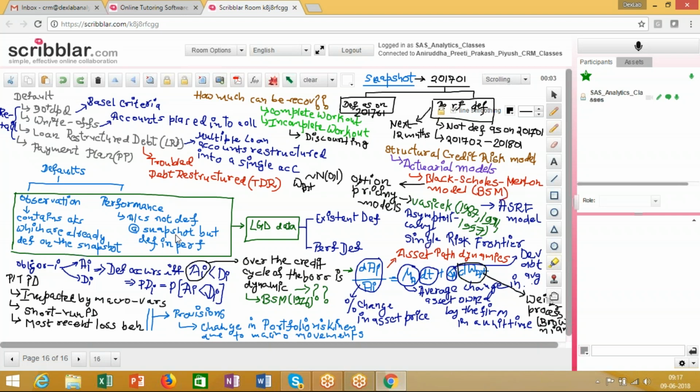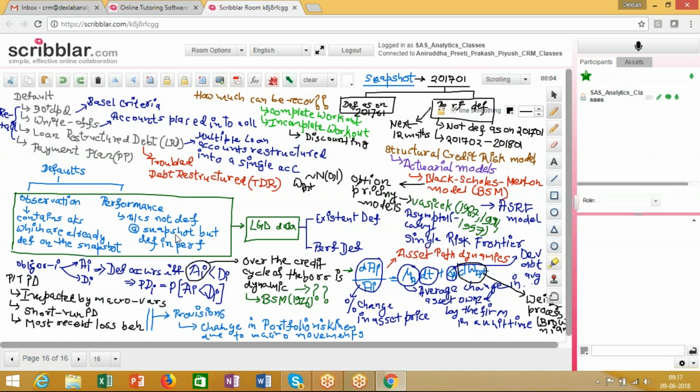In the second case, what we want to understand is, if this account goes into default in the next 12 months, what would be its estimated exposure? So there we are trying to understand the exposure that a respective account would have at default.